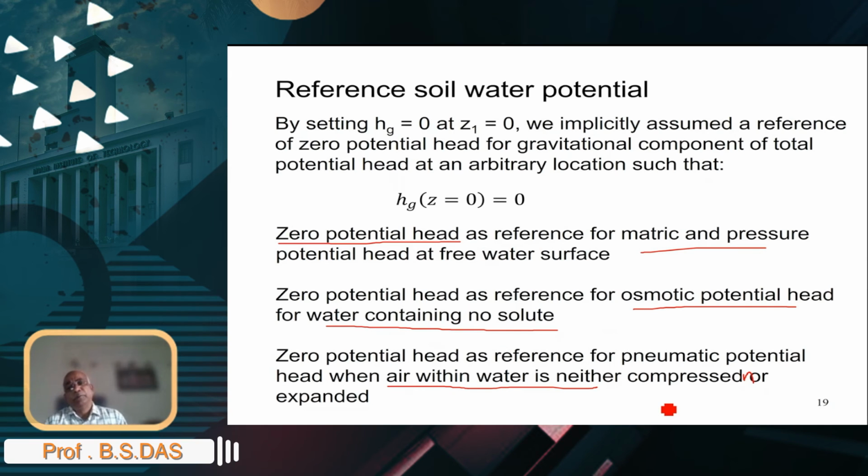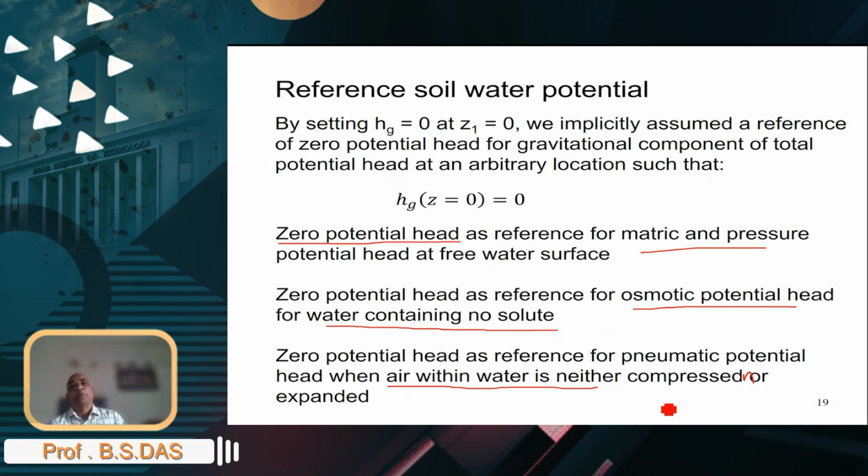For most practical purposes, unless you have a salt affected soil, or you have standing water under pressure somehow, you basically deal with only two components of the potential. It's a gravitational potential always, and you will have either a matric potential when the soil is unsaturated, or a pressure potential when soil is saturated with the presence of an overlying water layer.